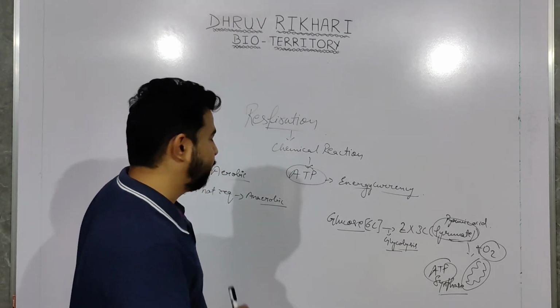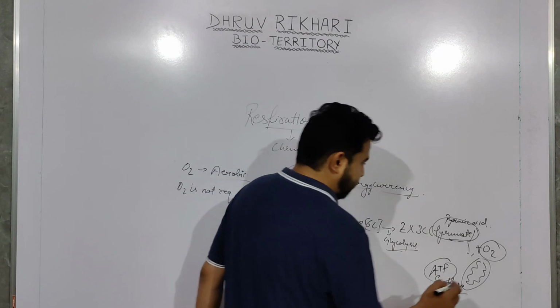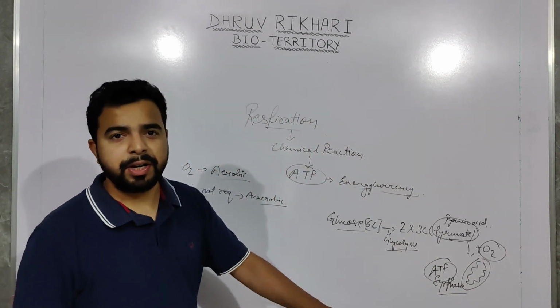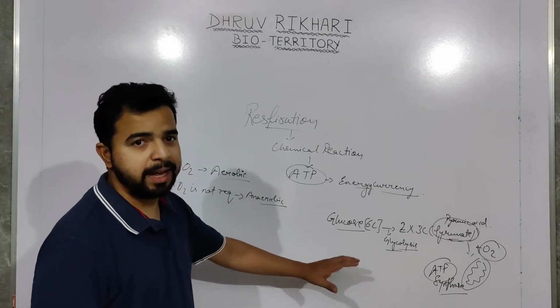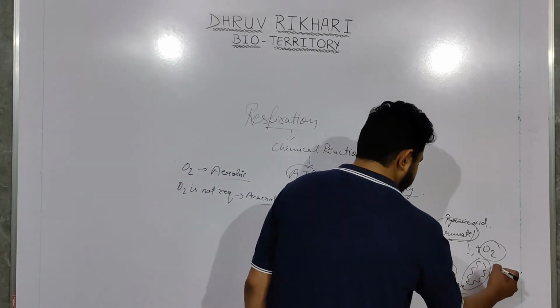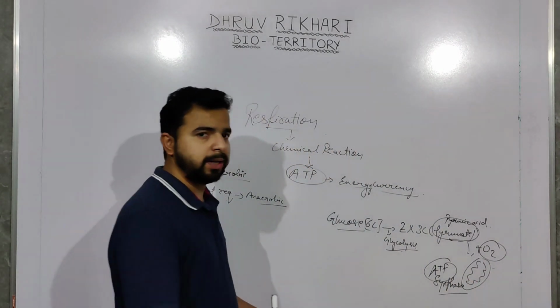We will come on to anaerobic also. So in the presence of oxygen, the pyruvate will get converted into carbon dioxide and energy is produced. This type of reaction is known as cellular respiration.